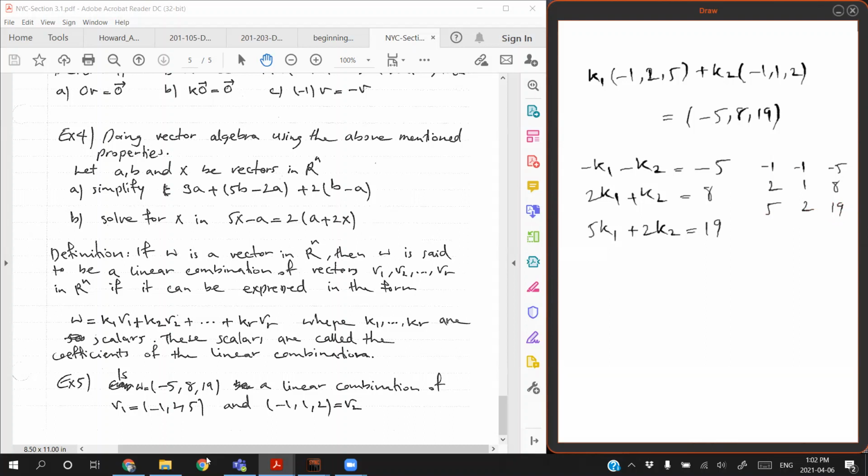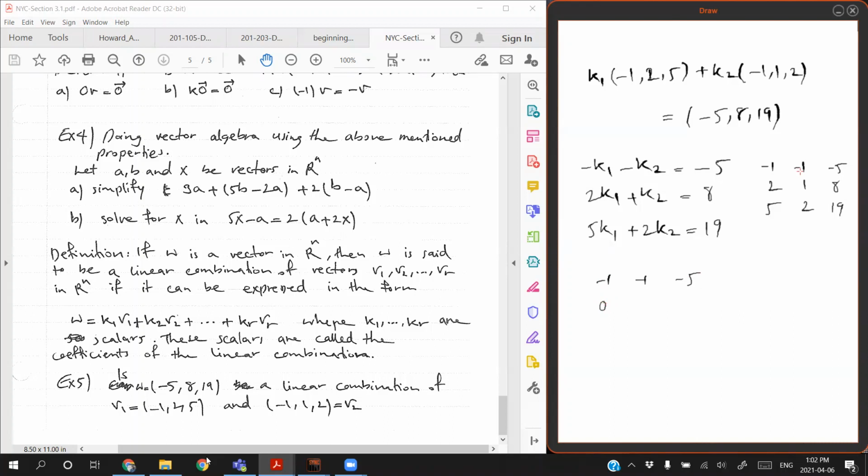Now, if this system has a solution, then you can say, yes, there exist K1 and K2 so that this is the case. That makes W a linear combination of V1 and V2. Otherwise, no. So let's see whether this system is consistent or not. Negative 1, negative 1, negative 5. I'm going to add 2 times this to this.